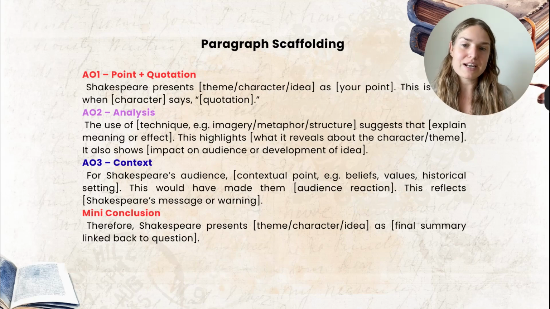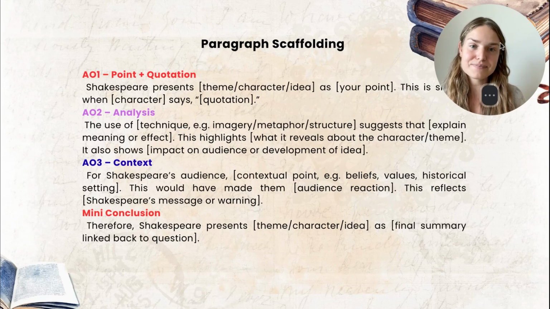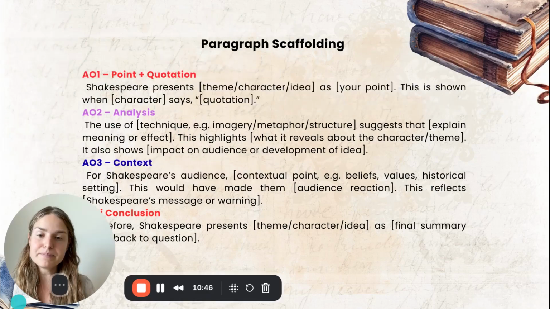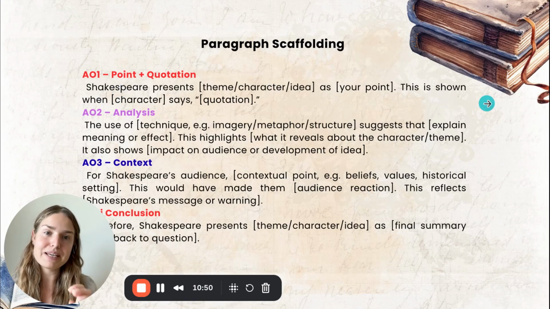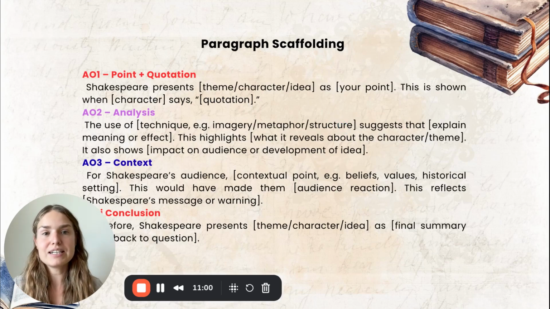So in order to create a strong paragraph that integrates AO1, AO2, and AO3, I tend to give my students a scaffold like this, which helps them to understand how they can really meet these assessment objectives in a straightforward way. So using the scaffold, Shakespeare presents a certain theme or character or idea as, what's your point here, right? What are you getting at?